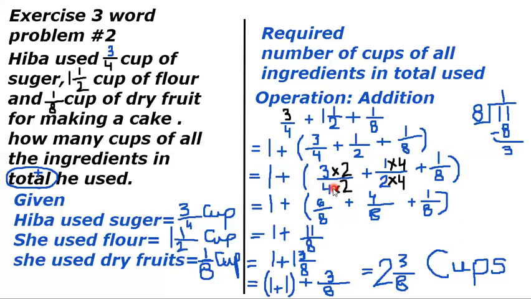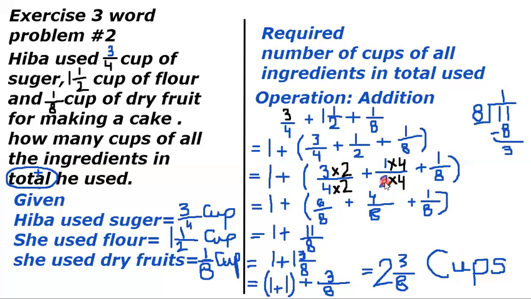For this, I need to multiply 4 by a number that gives us 8, and that number is 2. When we multiply 4 by 2, it gives us 8, and we have to multiply 2 in the numerator also.